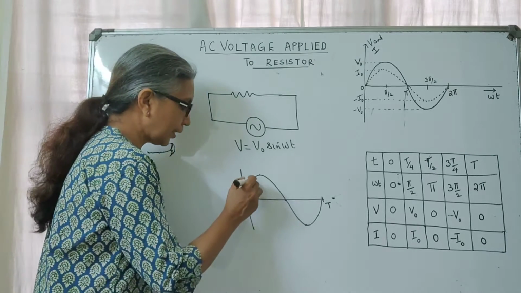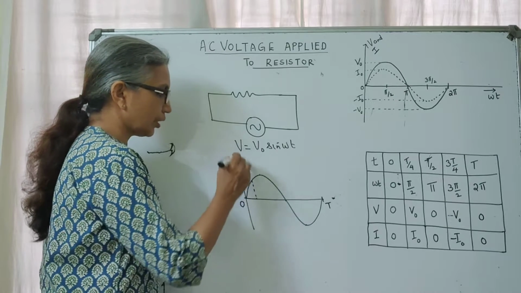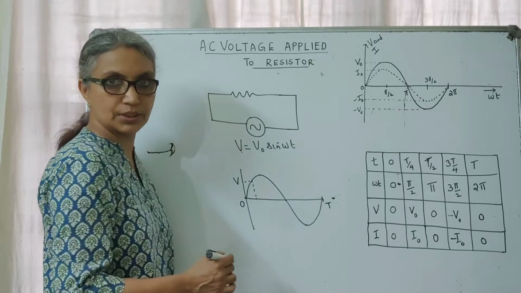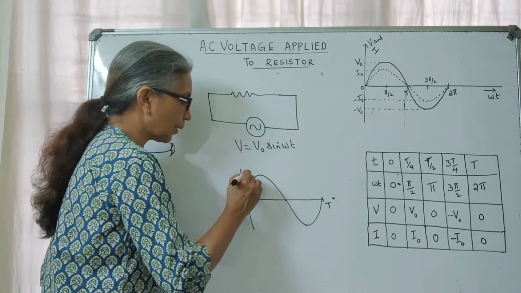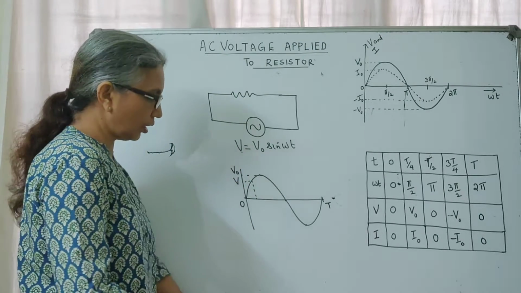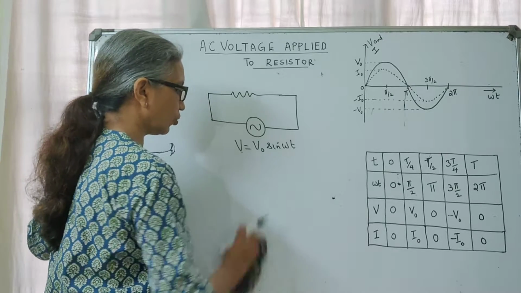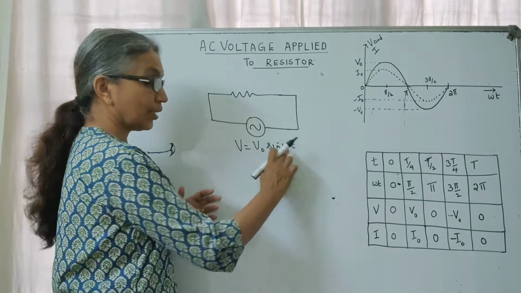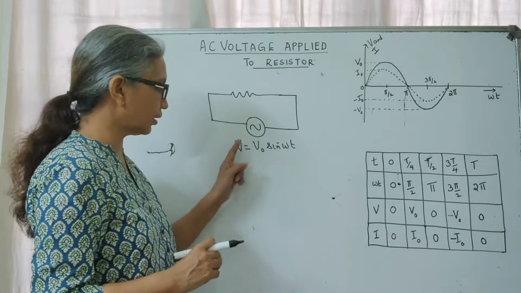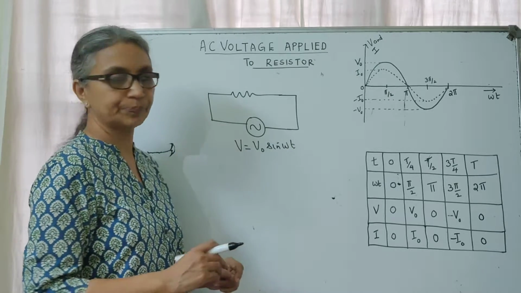That means at any particular instant of time, the voltage is what is given here, the instantaneous voltage at a time t, whereas this V0 represents the peak value. So in our function here, we have the instantaneous value of voltage varying as a sine function, V0 being the peak value of voltage and V being the instantaneous value of voltage at any time t.